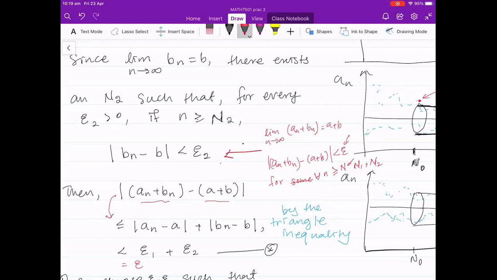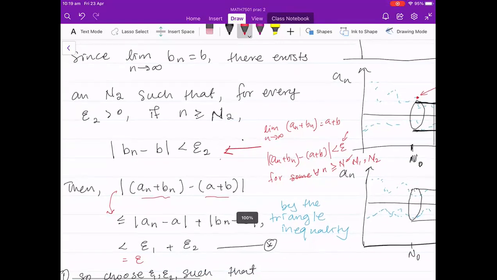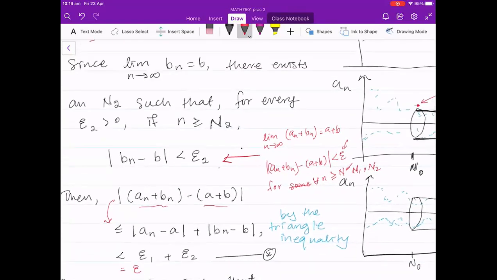I remember when I did this question in undergrad, my professor just said to choose this one. He started with choosing epsilon 1 and epsilon 2, and I was like, how do we choose that? So that's where I am trying to get you up to.